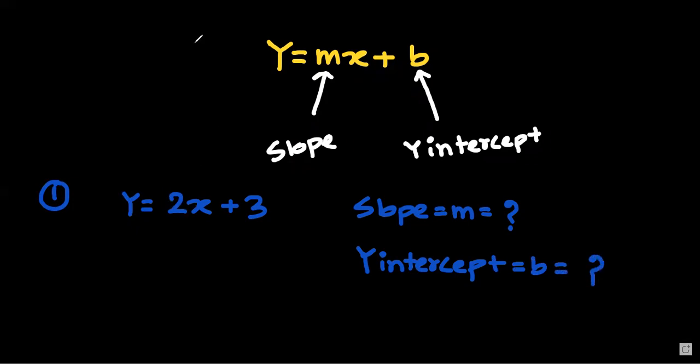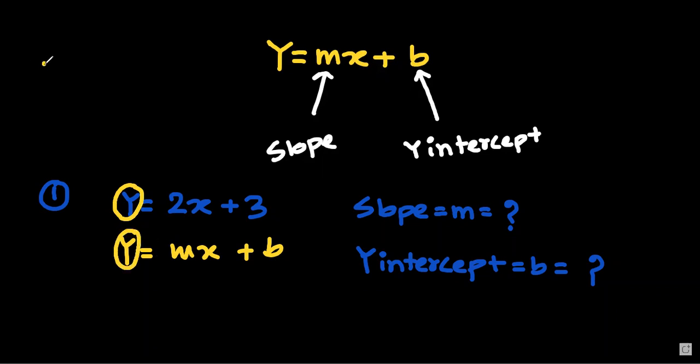If you compare this equation y equals 2x plus 3 with y equals mx plus b, you can see in these two equations the left-hand side is the same, y.